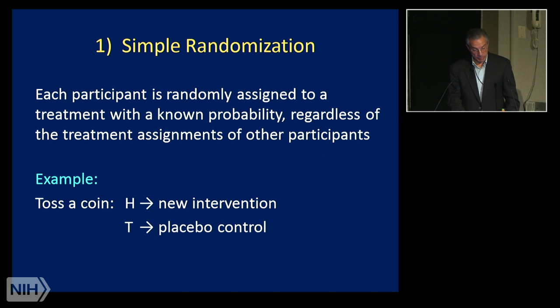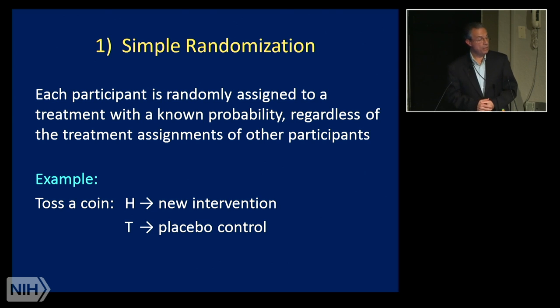So let's start from the beginning, and we're going to start with simple randomization. In simple randomization, each participant is randomly assigned to a treatment with a known probability, regardless of the treatment assignments of other participants. The simplest is you toss a coin. If it's heads, you send the participant to the new intervention.